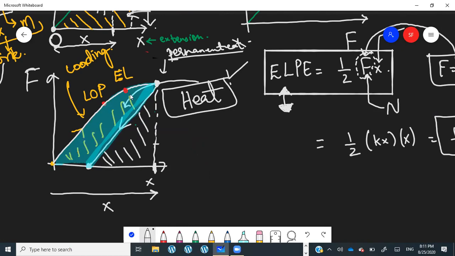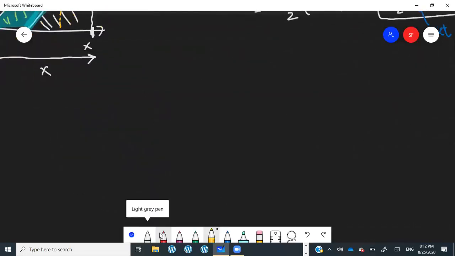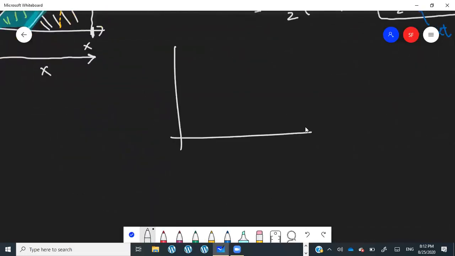For that part, a graph paper with the grid will be given to you. First of all, you'll need to divide the entire graph into two parts. Let me draw it separately on a different diagram. It goes up to some certain point. This is a force against extension graph.